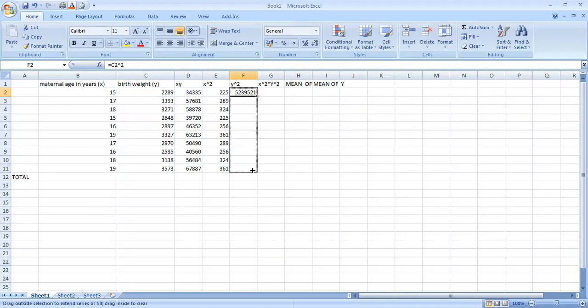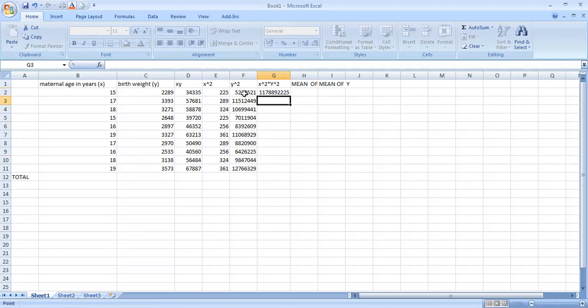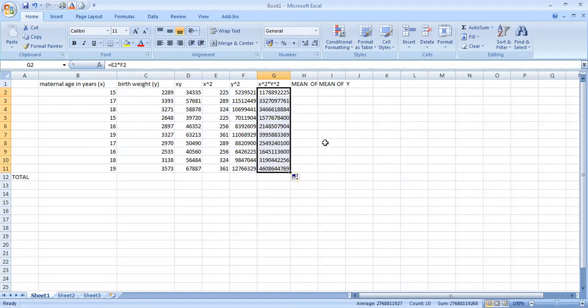So you have your values, and these values are correct. Then I want x times y, so I want this x multiplied by that. And then I put the values down. It's just telling it that you must apply the same formula to all of that.